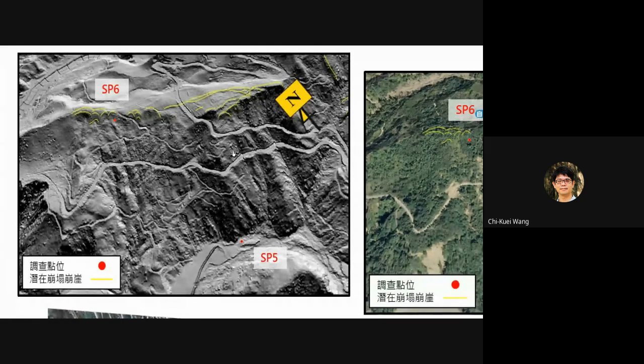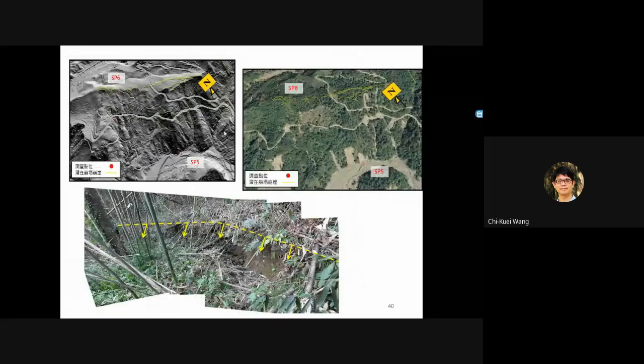With this information, the geologist can tell these are the more dangerous locations. So if a future disaster is going to happen, these are the locations where it's going to happen.